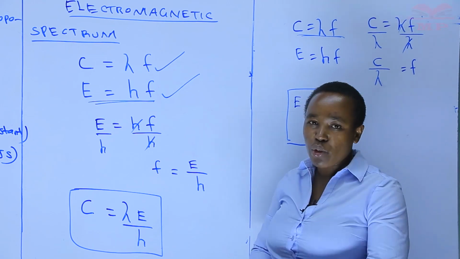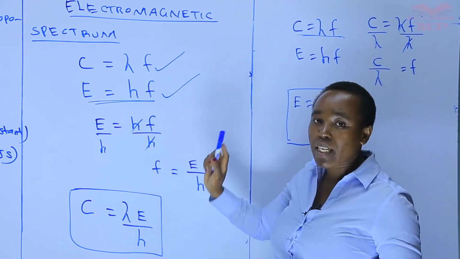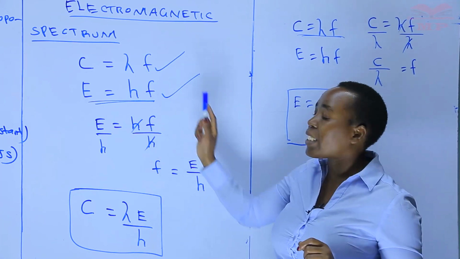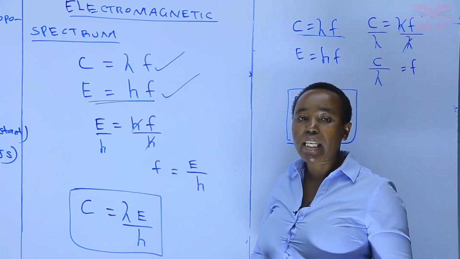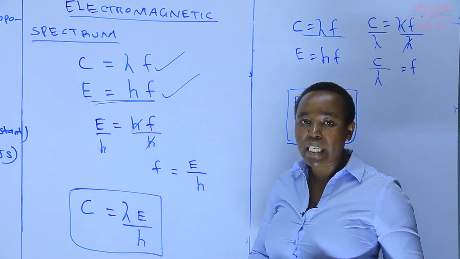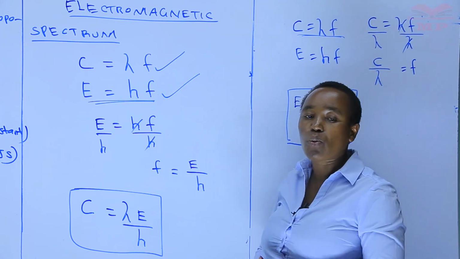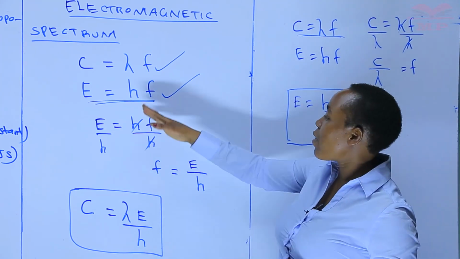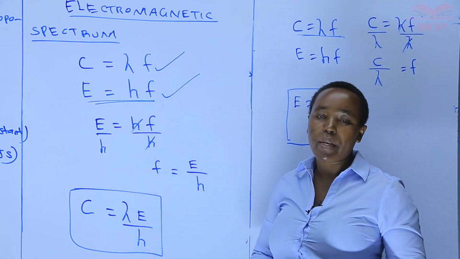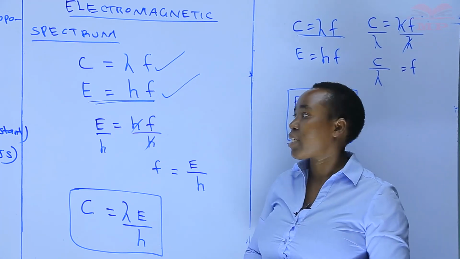And always ensure when you are doing any calculations involving this, that every quantity is in its SI unit. So if, for example, you are given frequency in megahertz, always first convert it into hertz. If you are given the wavelength in kilometers, always convert it into meters.